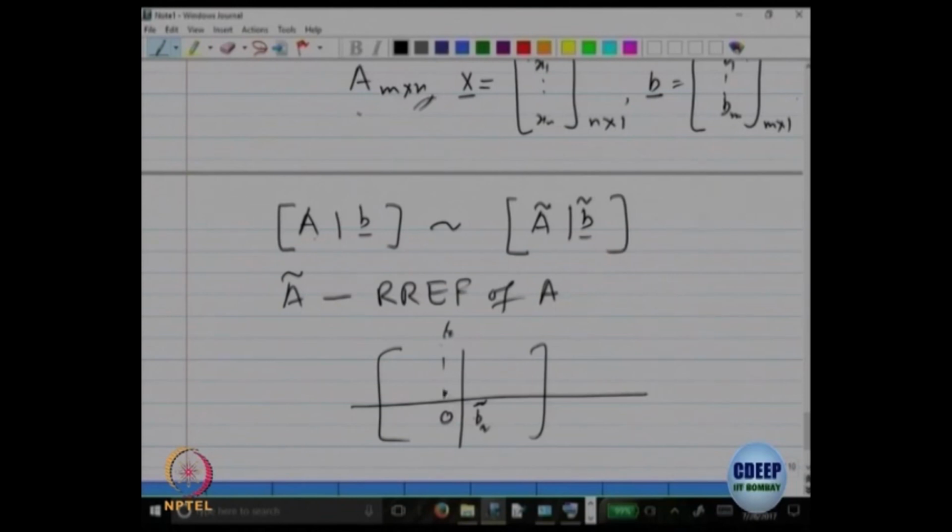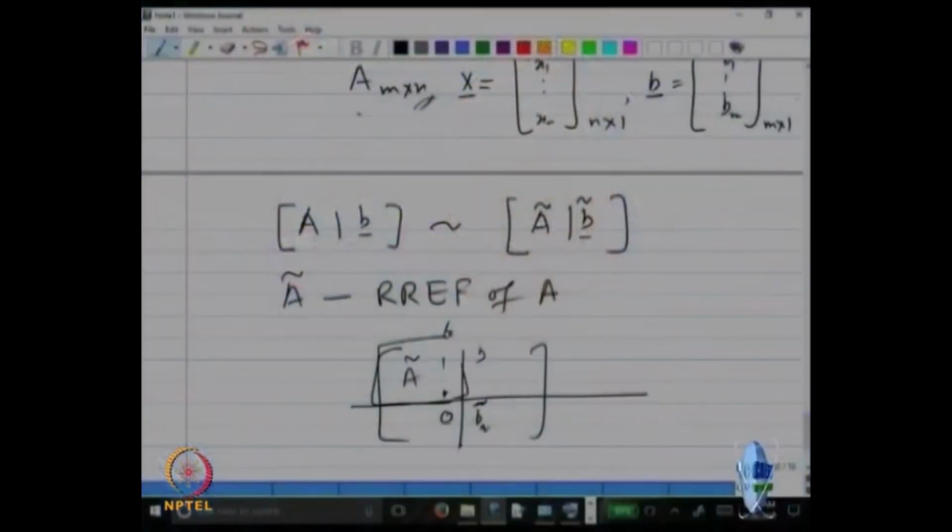So, that part of A, that is A tilde, bottom rows are all 0 in it, but in B, something non-zero is coming in the corresponding column. If a non-zero comes, that means you have got an equation like 0 equal to non-zero, right. But look, interpret this in terms of the rank. Rank of A is this much, but the rank of the bigger one, there is a non-zero entry here. So, it will be bigger than the rank of A, because the number of non-zero rows is at least one more, that inconsistent equation, right.